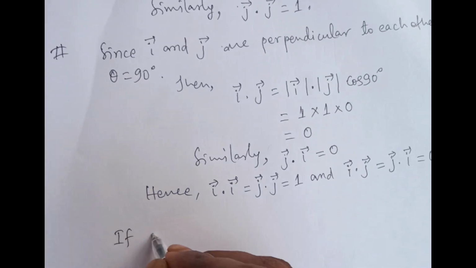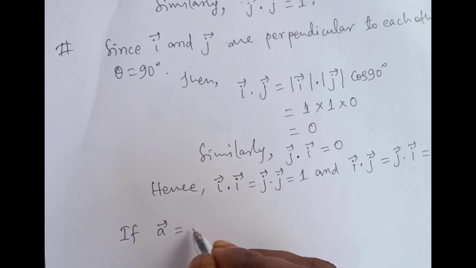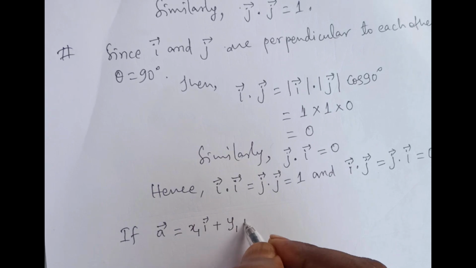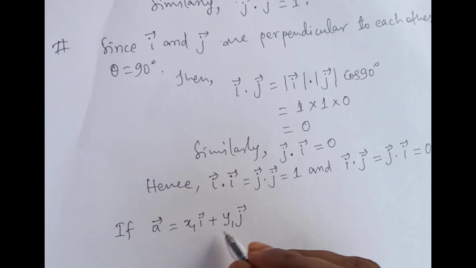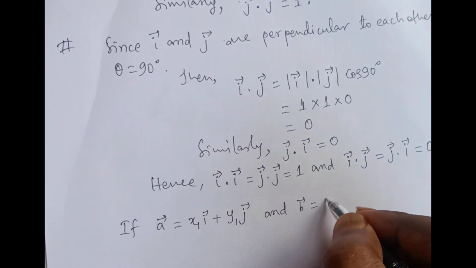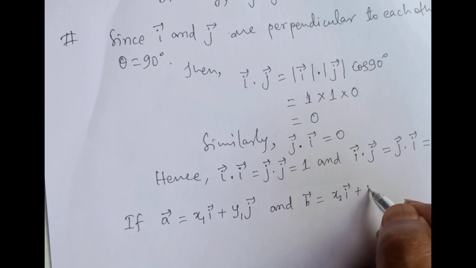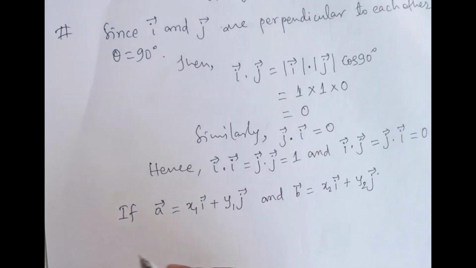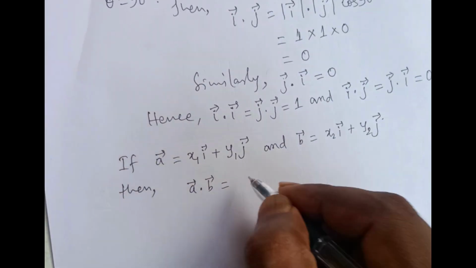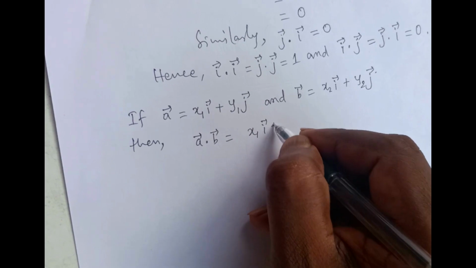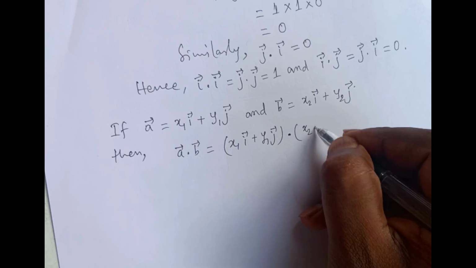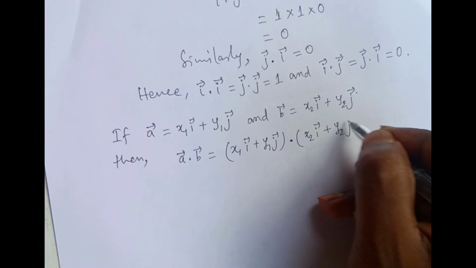Say one vector is a vector, and its components are x1 i vector plus y1 j vector. It can be written in the form of ij. And the other, b vector, is x2 i vector plus y2 j vector. Then a vector dot b vector is equal to (x1 i vector plus y1 j vector) times (x2 i vector plus y2 j vector).